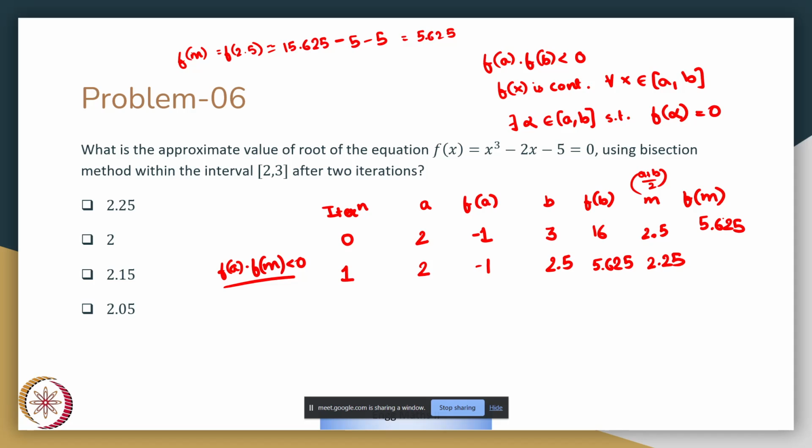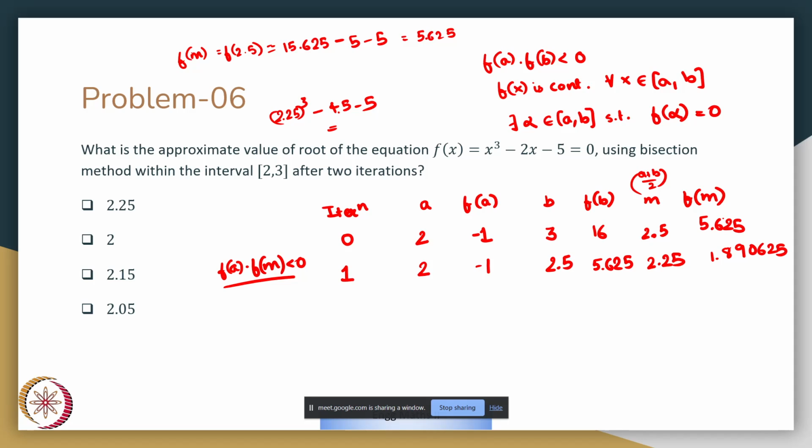So my function value would turn out to be 2.25 cube minus 2 into 2.25, which is 4.5, minus 5, which turns out to be 1.890625.